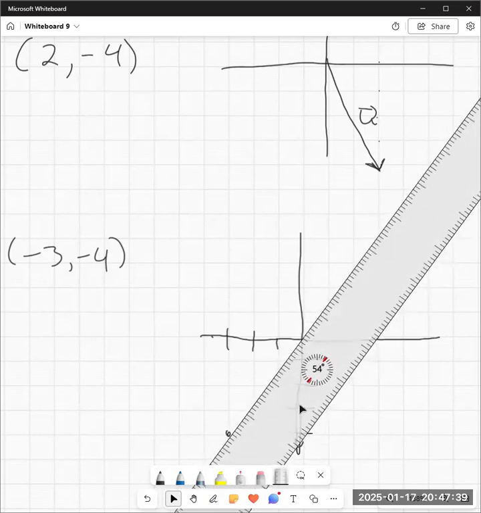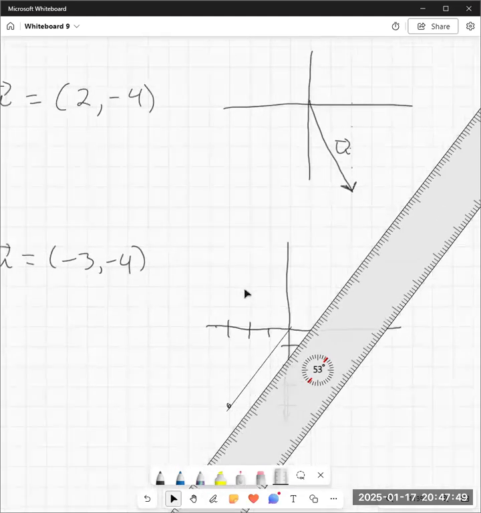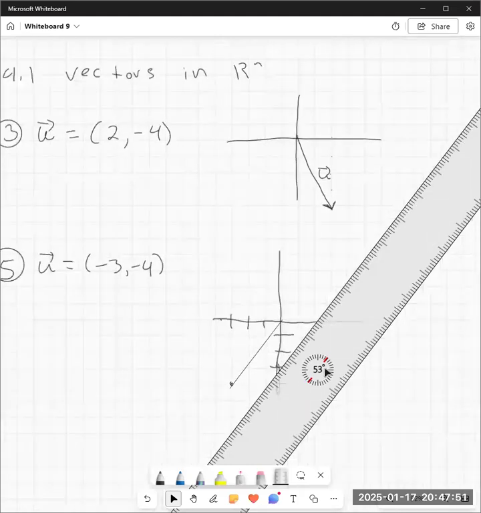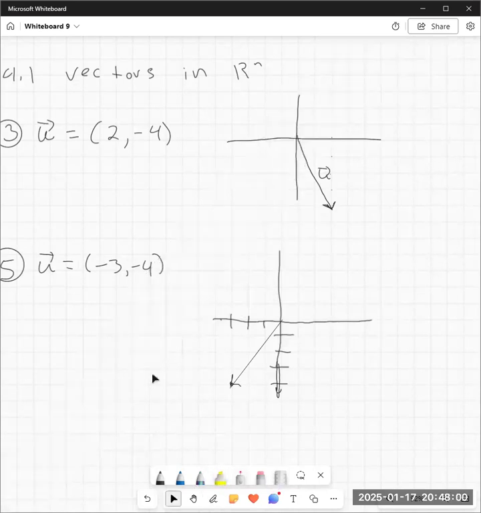I don't think that it's going to work with all the problems, but there we go. So something like that. And I can get rid of it here off to the side, just let me click to get rid of it because I don't need it for right now. So that was 3 and 5.